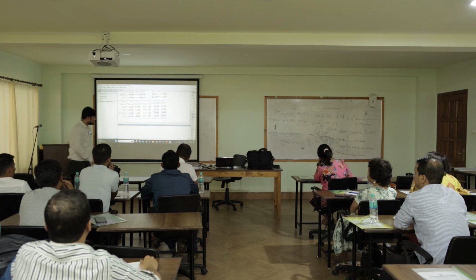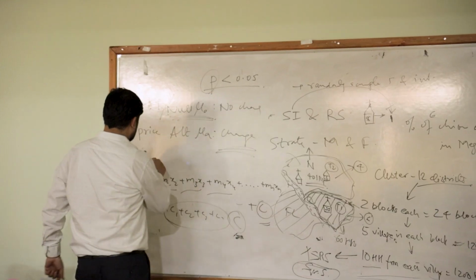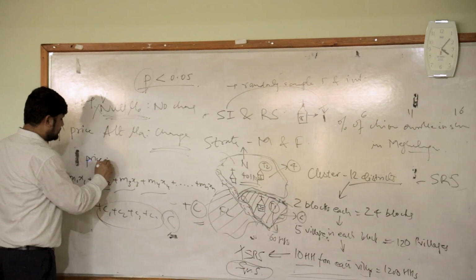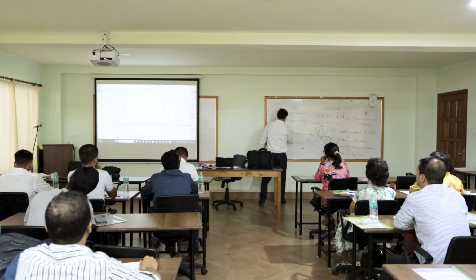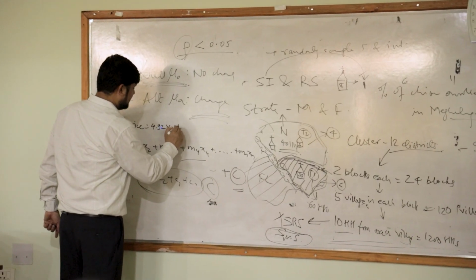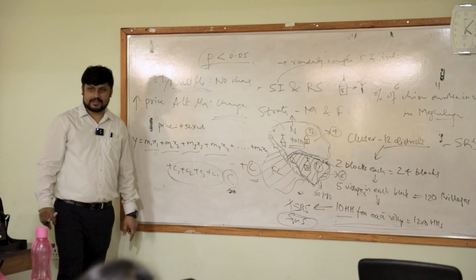Okay? So price is equal to 4.92 times weight. This is what we are trying to say, right?